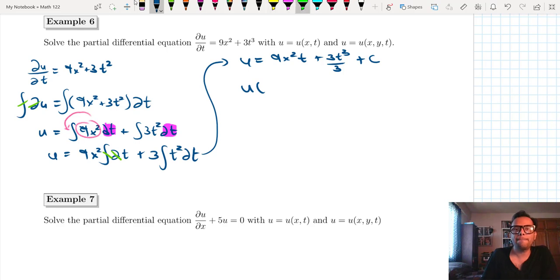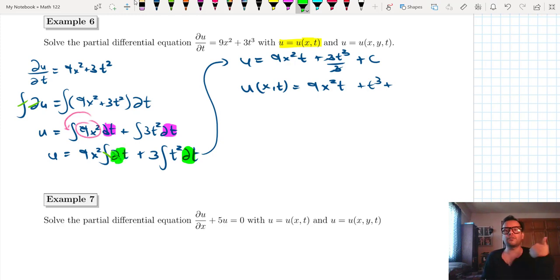In this case, u is some function that depends on x and t, so u of x t equals 9x squared t. Cancel these guys, plus t cubed plus, well, in this case, since the integration was done with respect to t, the other variable will be held constant, has been held constant, I mean. So when we integrate this, we are going to have some f of x.